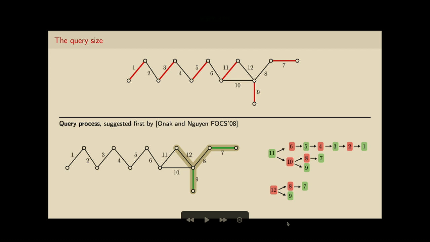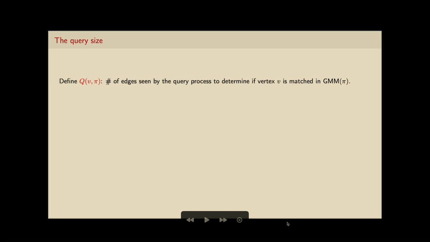Can we say that if you pick a random vertex and a random permutation, this is smaller than exploring the whole graph? To make things a little bit more formal, define this quantity q(v, pi) to be the number of edges explored by the oracle to determine if a vertex v is matched in the greedy matching according to this permutation pi.